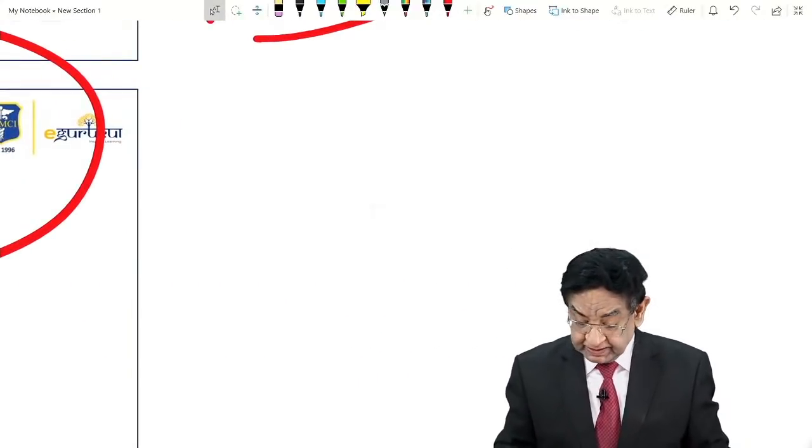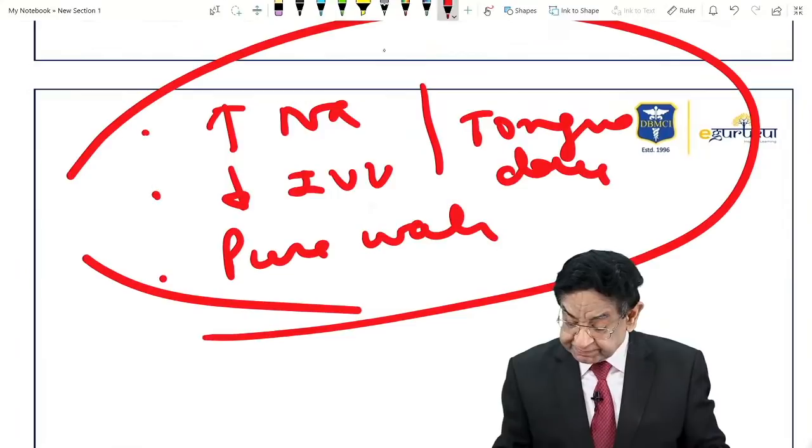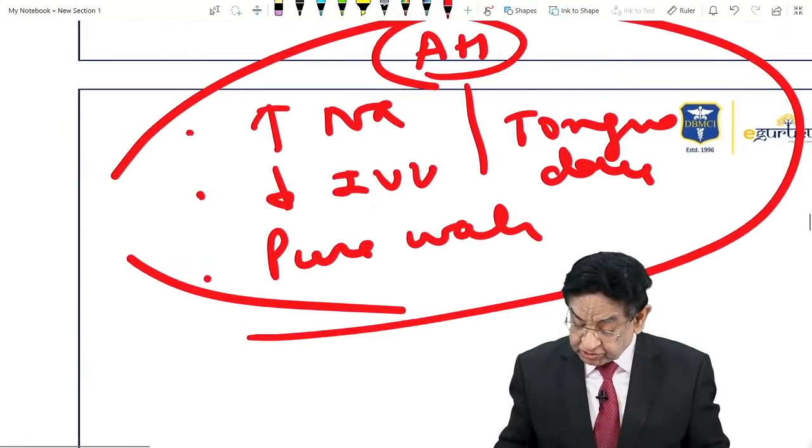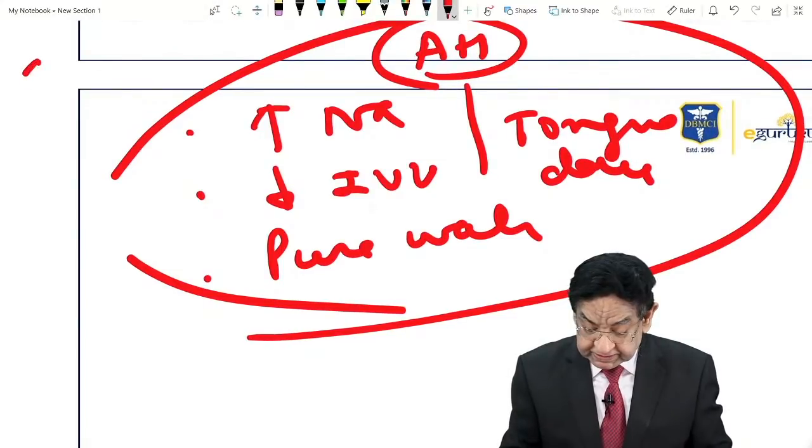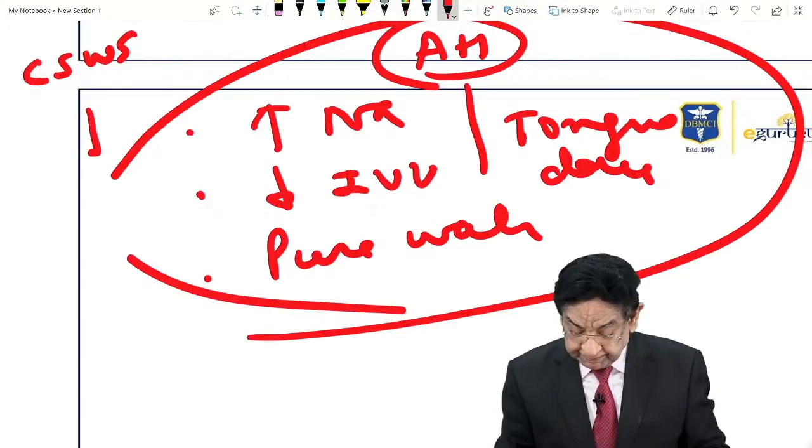So this is adipsic hypernatremia. In cerebral salt wasting syndrome, there is hyponatremia and reduced intravascular volume.